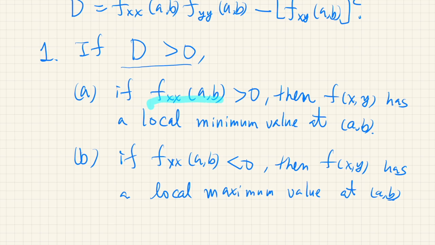Okay, so if this is positive, then it's a local minimum. If this is negative, then it is a local maximum.